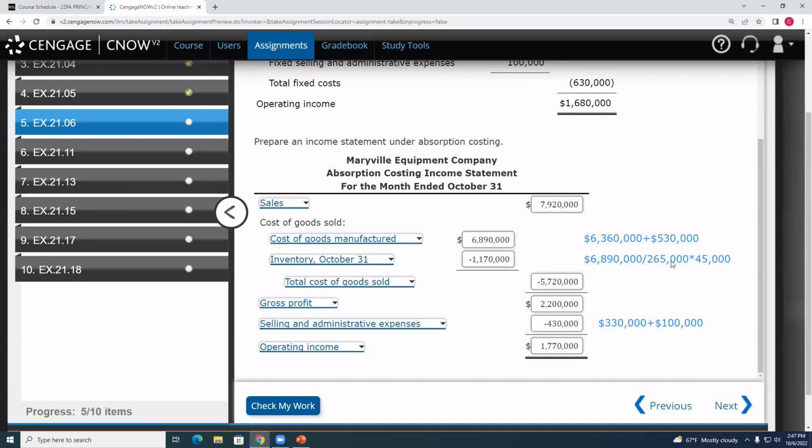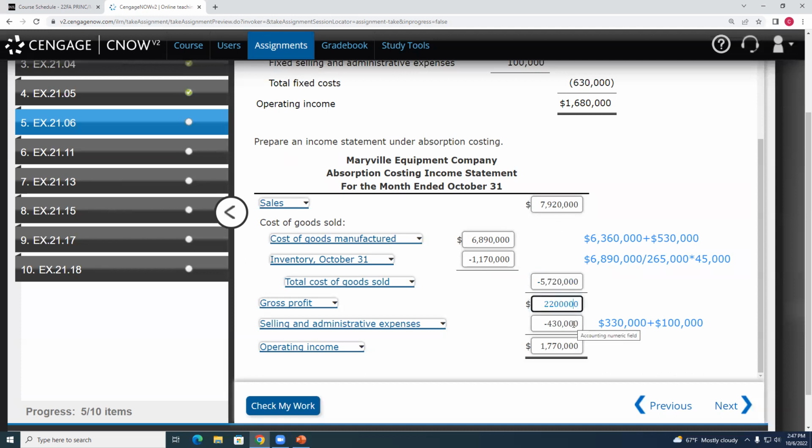So I divided by the number of units that were produced, 265,000, to find our per unit cost, and then multiplied by the 45,000 units that were in ending inventory. Subtracting that ending inventory from our total cost of goods manufactured for the period gives us our total cost of goods sold here. Subtract that from sales to get our gross profit.